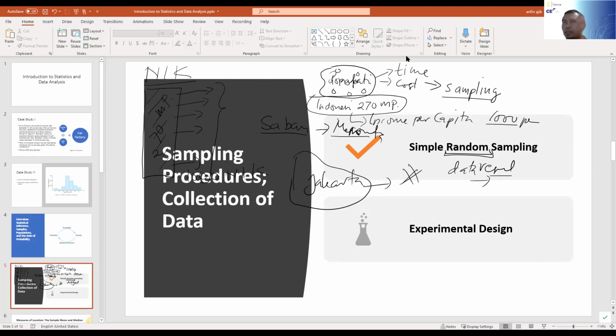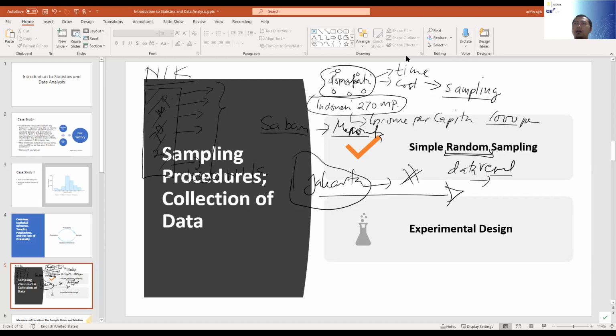It means the proportion of the sample is not good enough, because it's only in Jakarta. From this case, you can only say that this is the income per capita in the Jakarta area. That's okay. You should mention the location, Jakarta, where the data was taken.